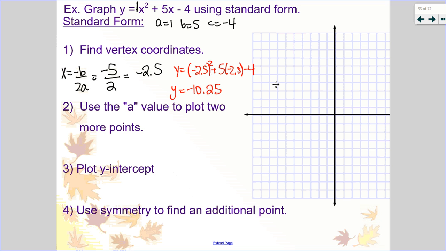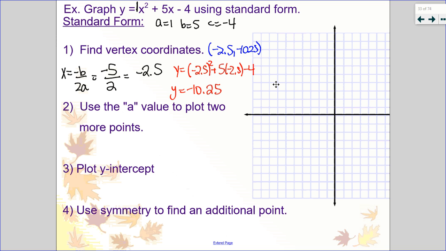I'm just trying to do the math real quick. Okay, so that means the coordinates of my vertex are going to be at -2.5 comma -10.25.